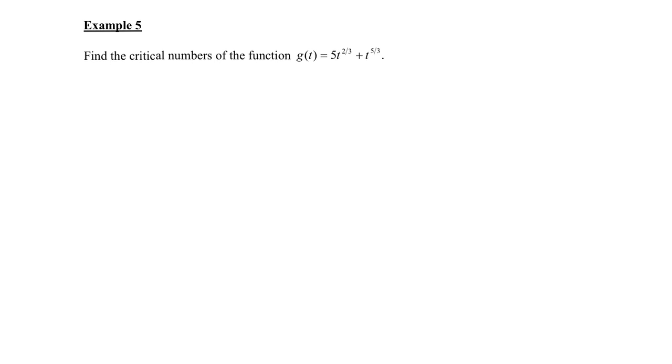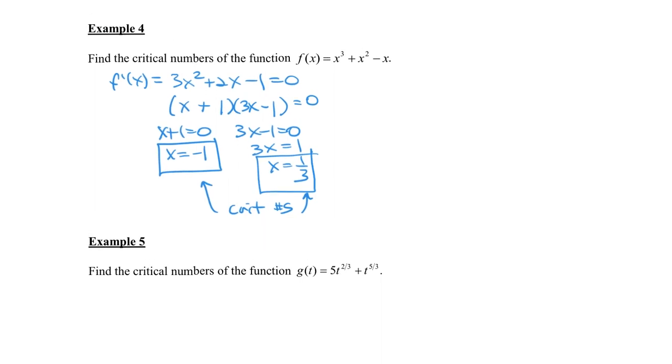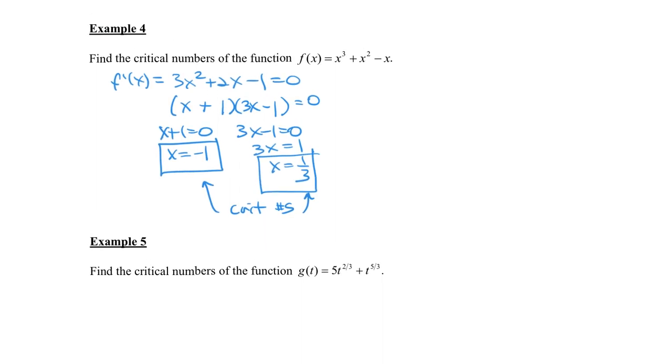Oh, I should have mentioned also back here. I didn't mention it, but I'm sure you guys noticed. This derivative, it's a polynomial, so it exists everywhere, right? There is no place where the derivative does not exist. There's no value you can plug in for x here and make it not exist, right? So remember, critical numbers occur at two places.